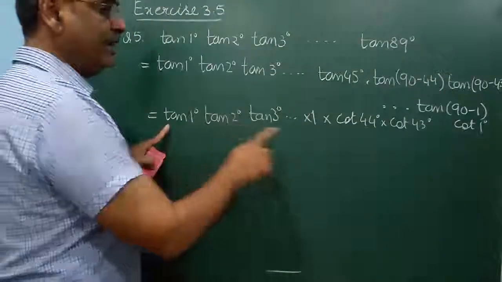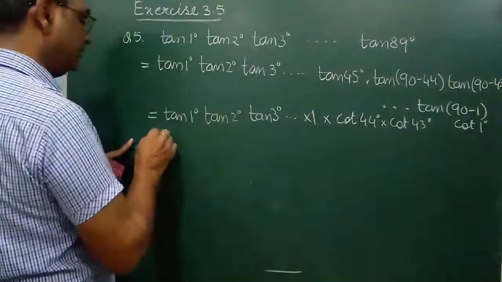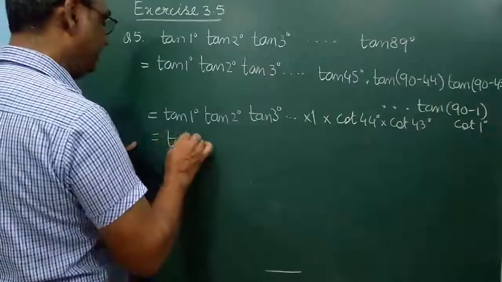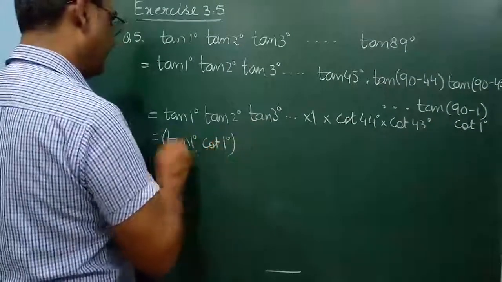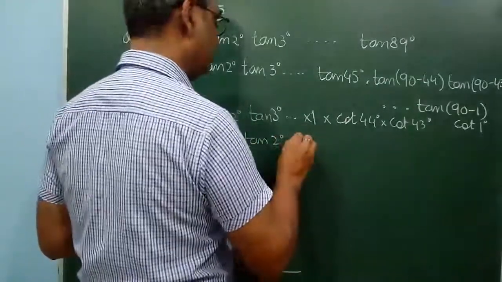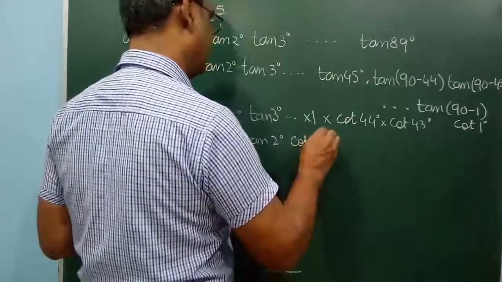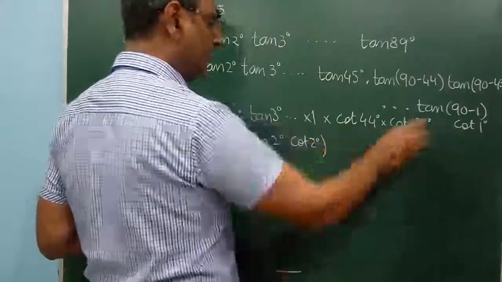Now cot 1 and tan 1 will be getting cancelled. Here we can write tan 1 cot 1, tan 2 cot 2. From here, before cot 1, what will we be getting? Cot 2.